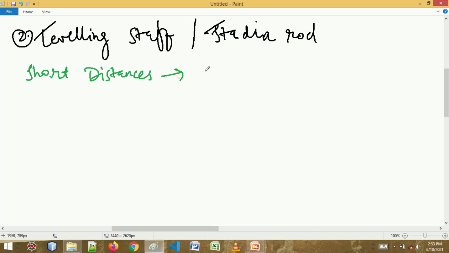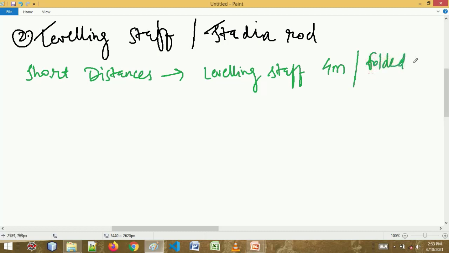It can be folded into 3 parts. So this leveling staff, which is 4 meter long and can be folded into 3 parts, is used for short distances.